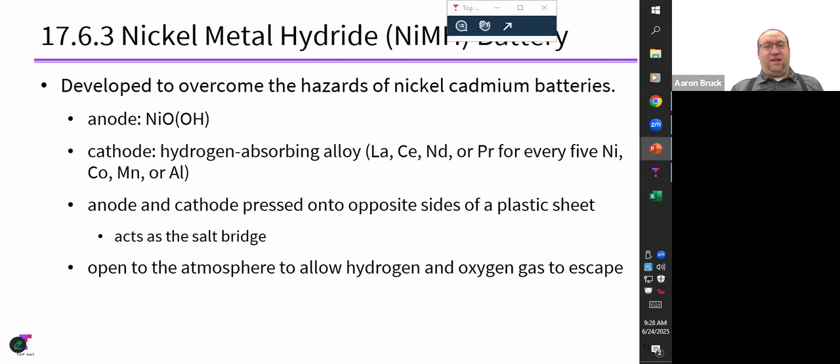And what the hydrogen does is that's what ultimately provides the ability for the electricity to run. So you take this cathode and anode, you press them onto the opposite sides of this plastic sheet, which is the salt bridge. The whole thing has some sort of open vent to the atmosphere to allow hydrogen and oxygen gas to escape.